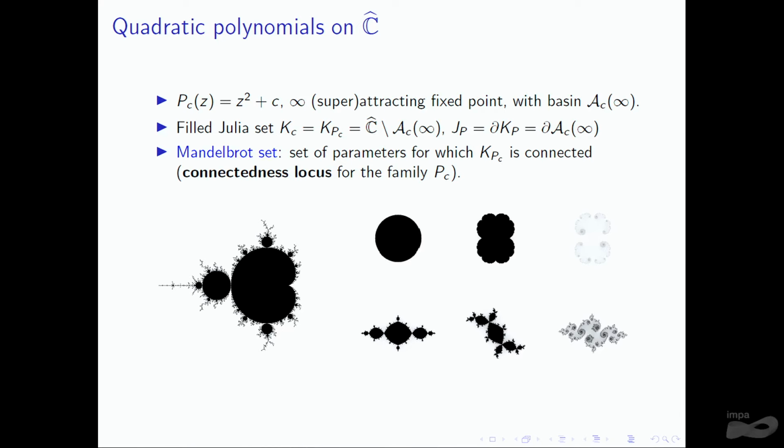The basin of attraction of infinity is called A_c(∞). In this setting, we can define the filled Julia set for a quadratic polynomial to be the set of points with bounded orbit.